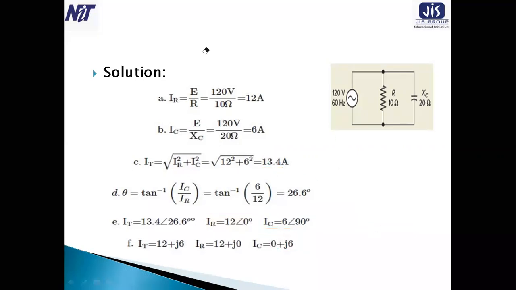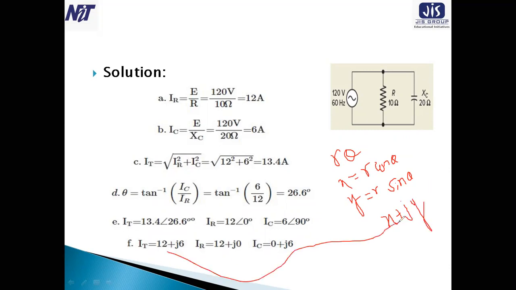Just for your understanding, suppose r theta is given, so x equals r cos theta and y equals r sin theta. Then simply put the values of x and y in this equation, x plus jy. So you will get the rectangular form from r theta.